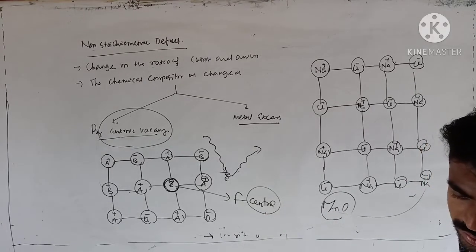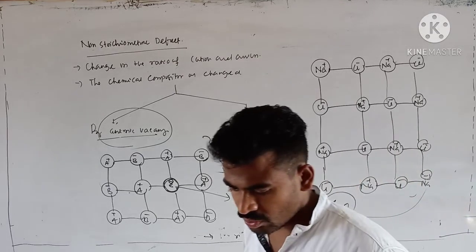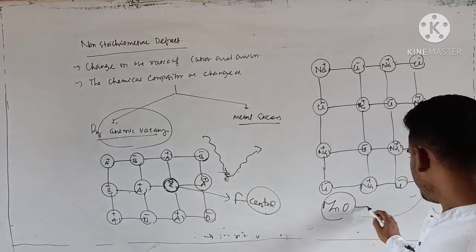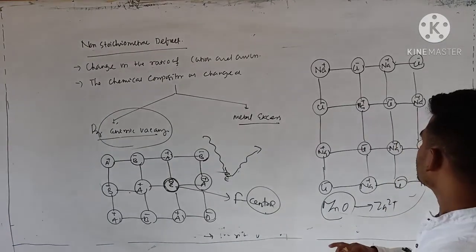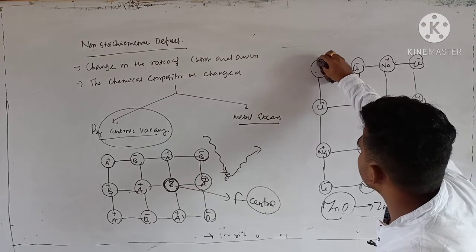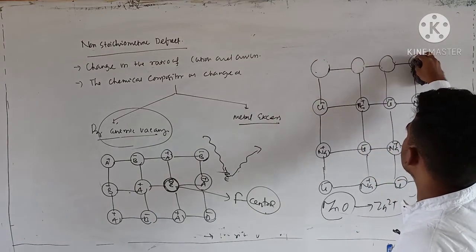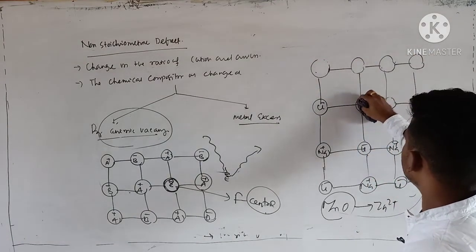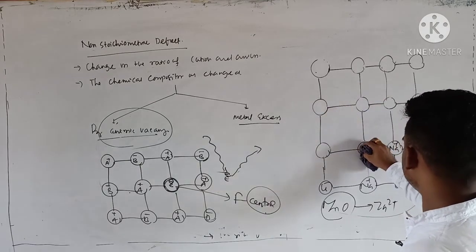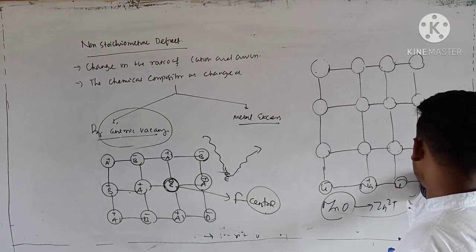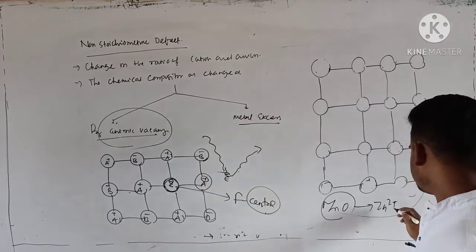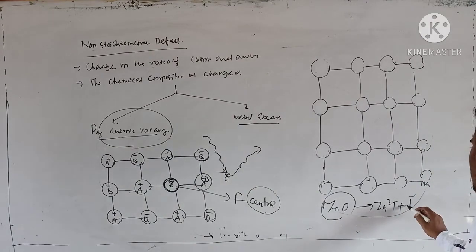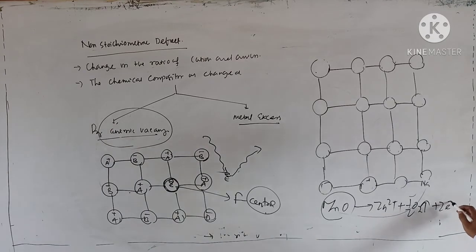If you heat this ZnO, it is converted into Zn2 plus, and half O2 gets eliminated since it is a gas, with the loss of 2 electrons.